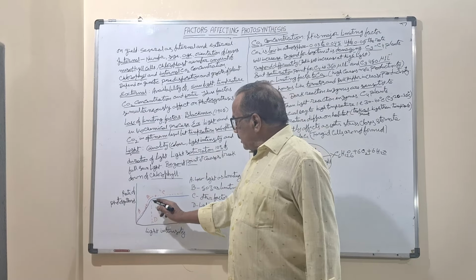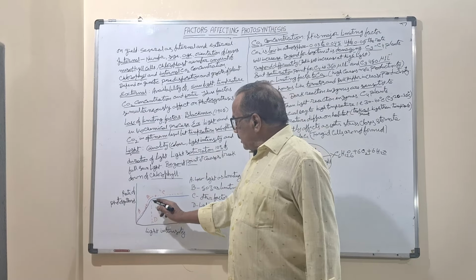That is linear, but it is taking the curve. Why? Because when it reached B, the other factors like carbon dioxide, temperature, and water will work as limiting factors, because it is going like this.